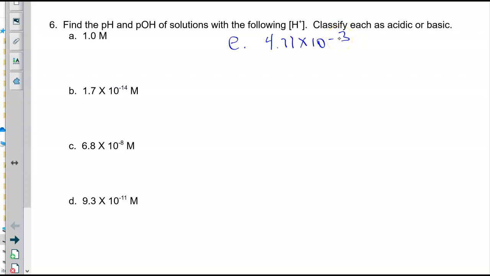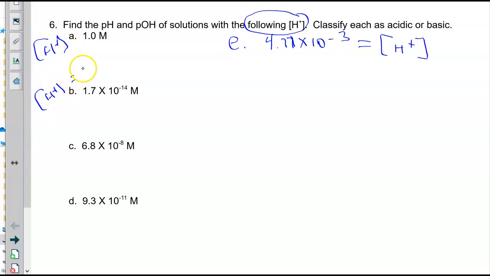How you would do this problem is you'd have to show your formulas, and we know based on this question that each of these represents the H+. So I could say H+ equals those values.